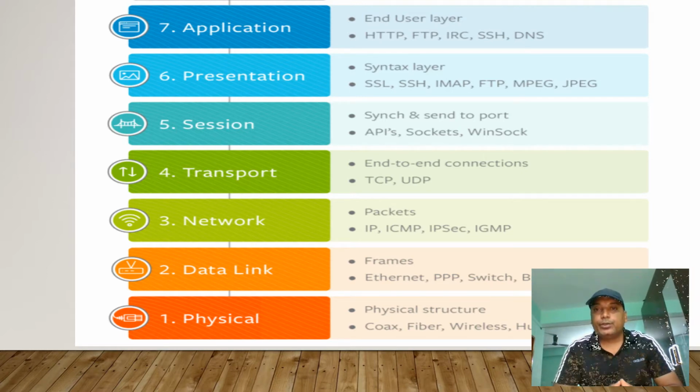And UDP, why do we use UDP when it is not reliable? This question always comes. When you are using UDP, it is faster than TCP, because TCP always does a three-way handshake before making any new connection. In UDP, there is no three-way handshake and there is no acknowledgement. It is very fast.